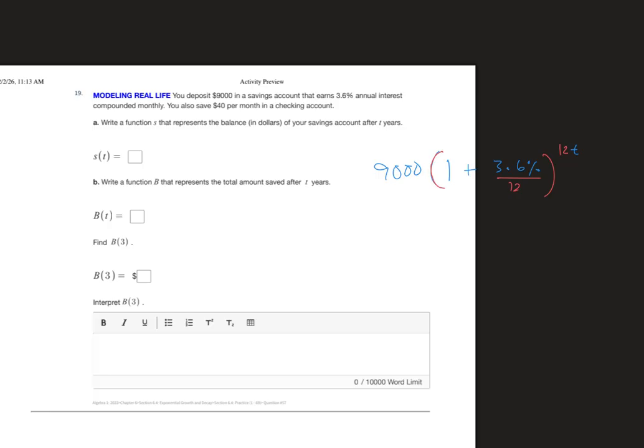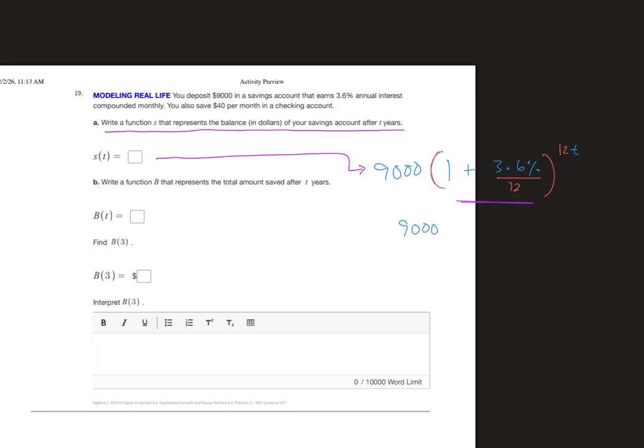So this is in your savings account. Because this says write a function S that represents the balance in dollars of your savings account after t years. Now, we're going to go ahead and simplify that internal part again, like we did on the last one.